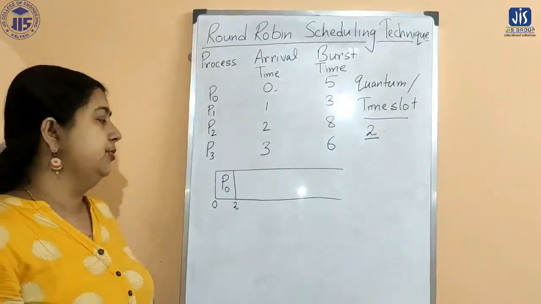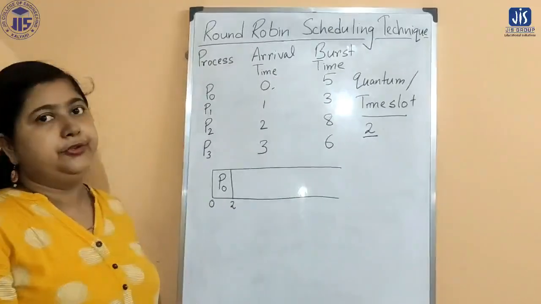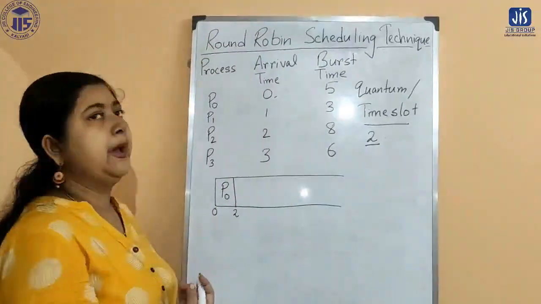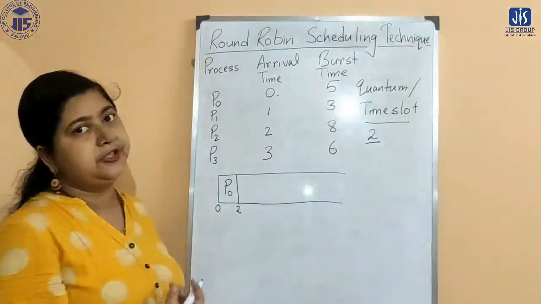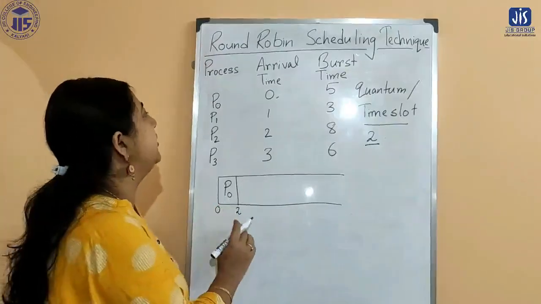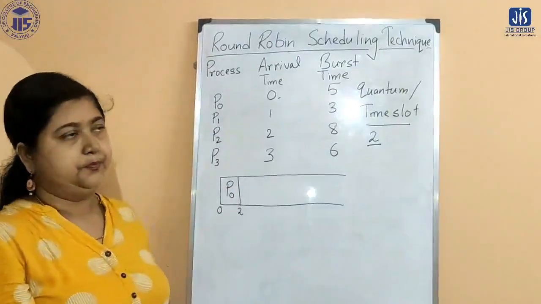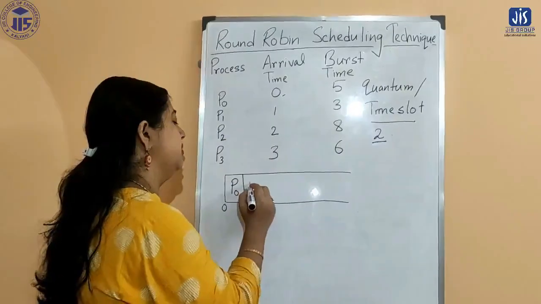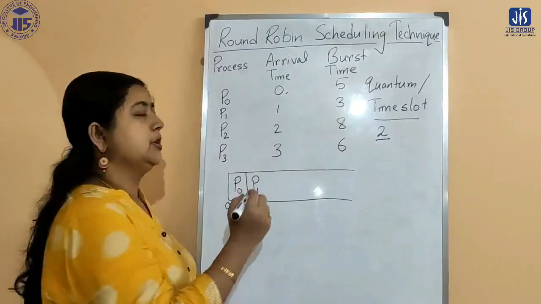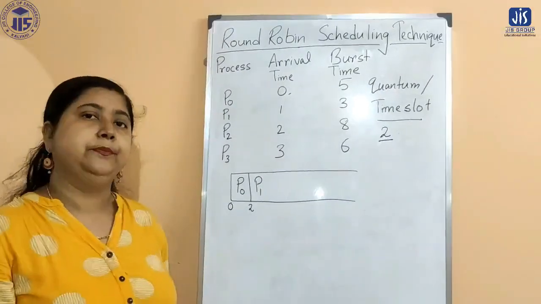Now at 2, the system is going to take back the processor from P0 and assign it to P1.